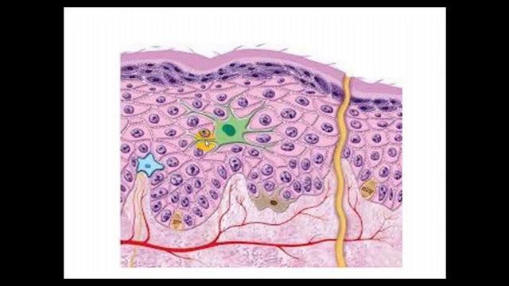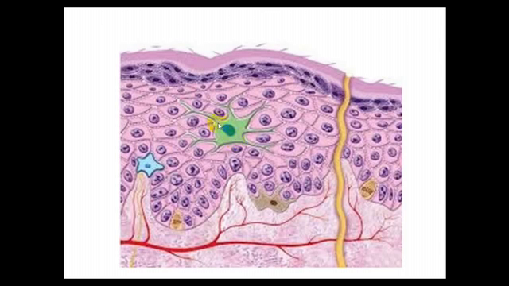These melanocytes make tyrosinase, produced by the rough endoplasmic reticulum of the melanocytes. It's packaged in the Golgi apparatus into oval granules known as melanosomes.